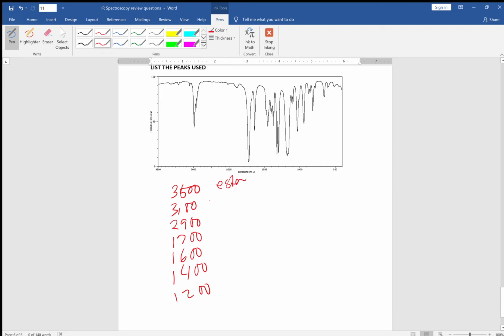This says ester. Those are your carbon-hydrogen stretches, carbonyl, carbon-carbon double bond, carbon-carbon single bond, and the ether peak.